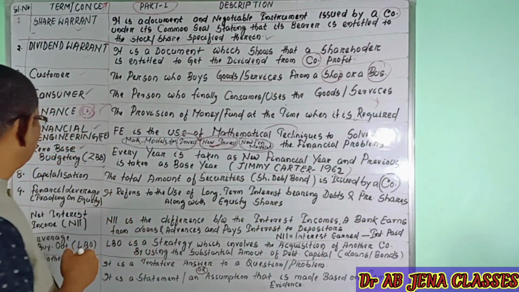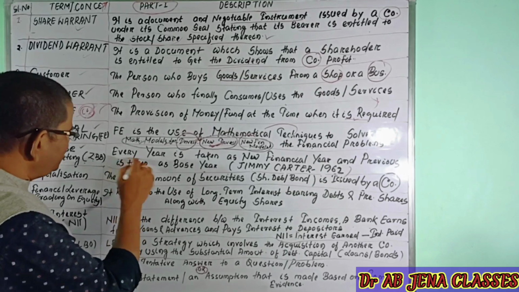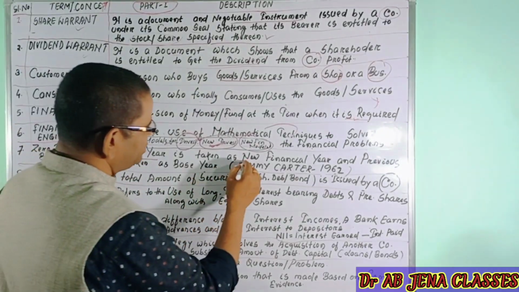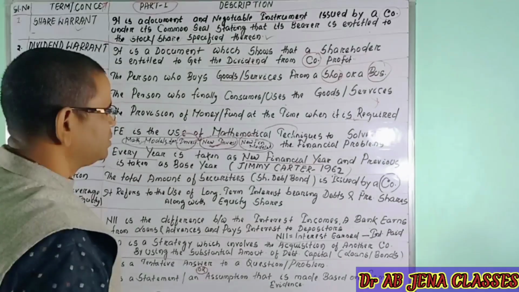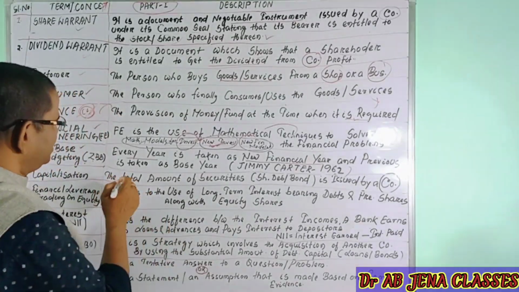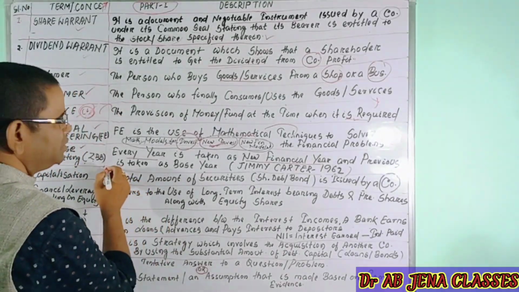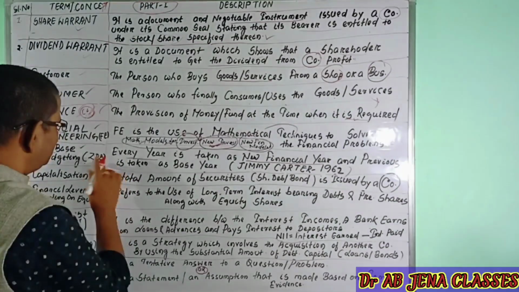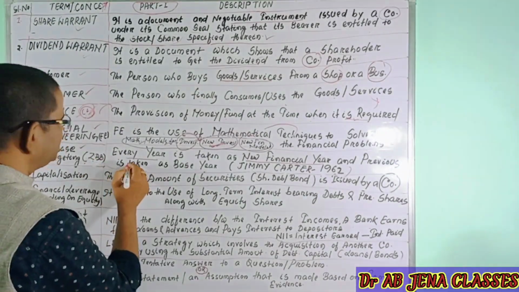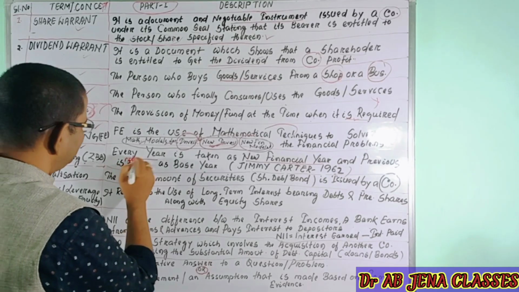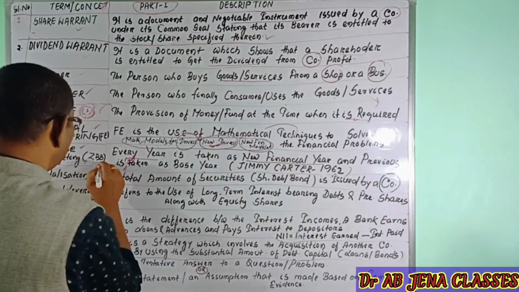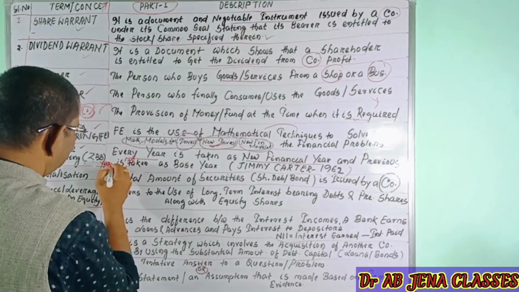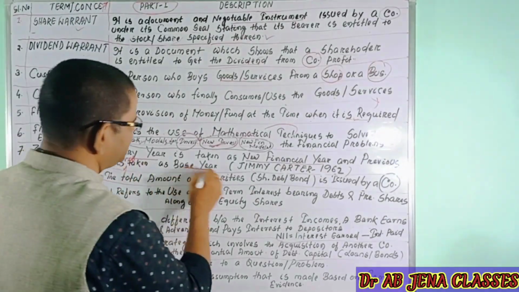What is the meaning of zero based budgeting? Every year is taken as a new financial year, and the previous year is not taken as the base year.